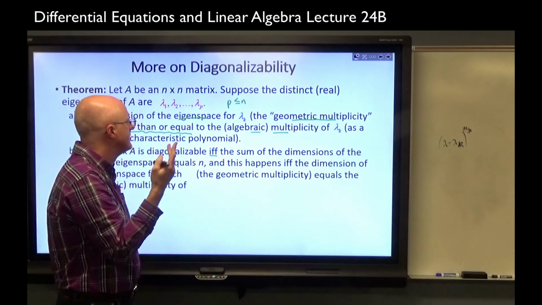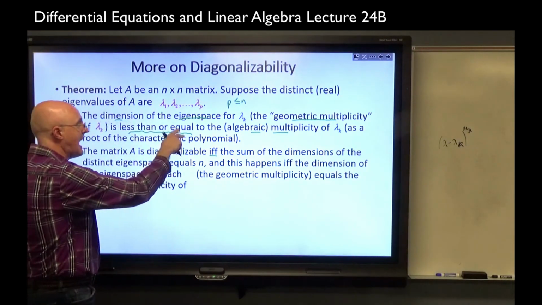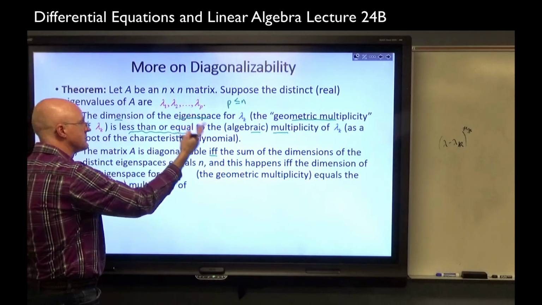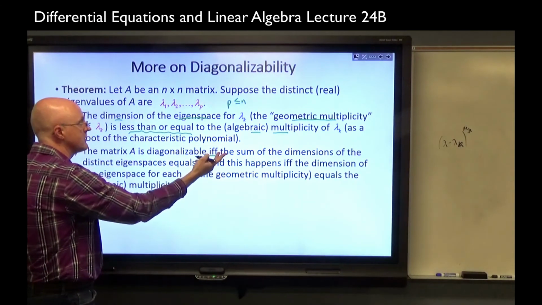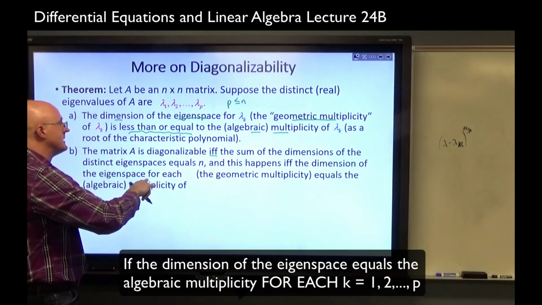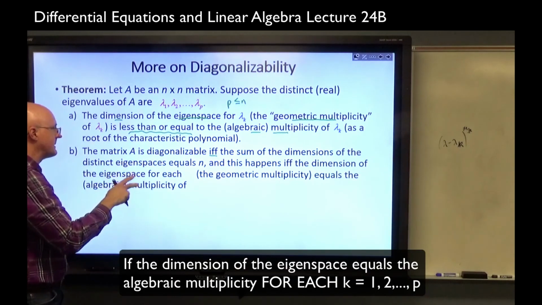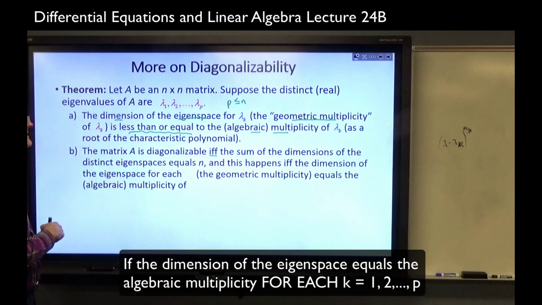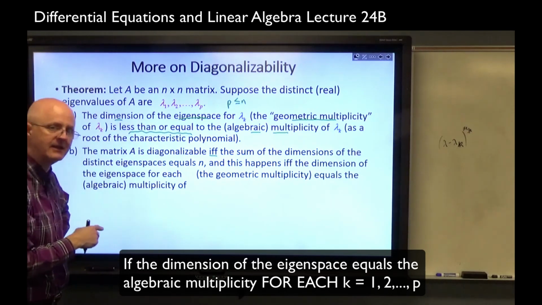But if the dimension of the eigenspaces happens to equal the algebraic multiplicity of the corresponding eigenvalue, then this will happen. The sum of the dimensions of the distinct eigenspaces will equal n, and A will be diagonalizable even though it's got repeated eigenvalues.